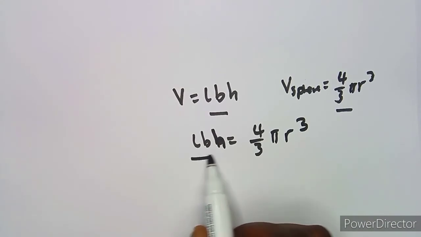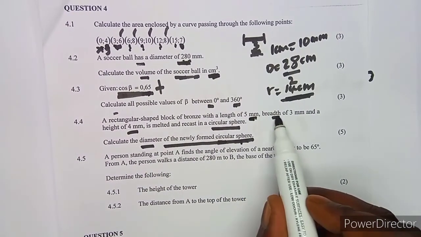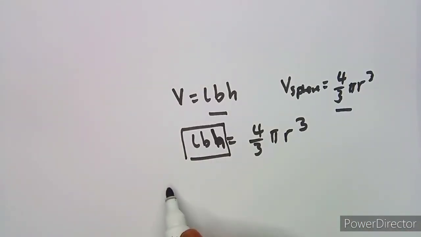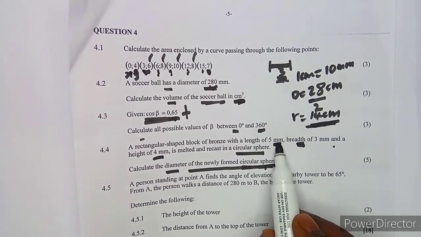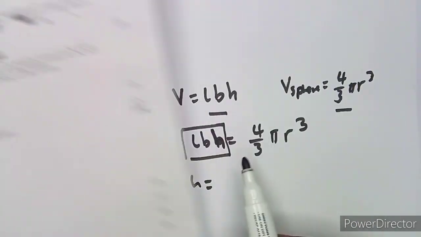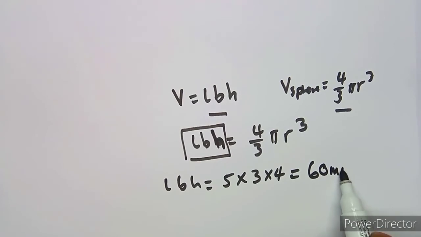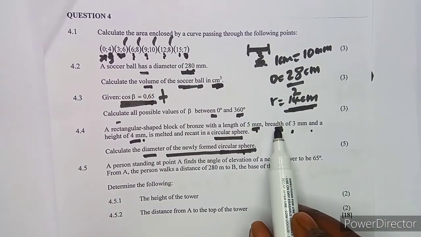Since we can calculate the volume because all the dimensions of the rectangular shape are there, our LBH is going to be the length 5, breadth 3, and height 4. So it's 5 times 3 times 4, which gives us 60 cubic millimeters.